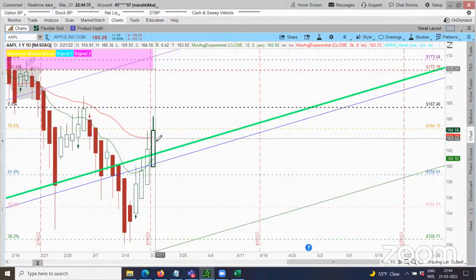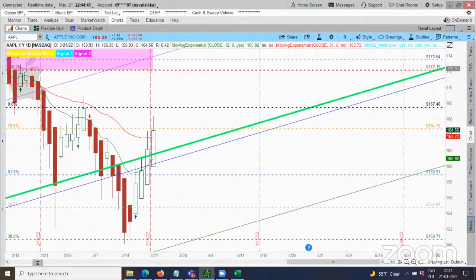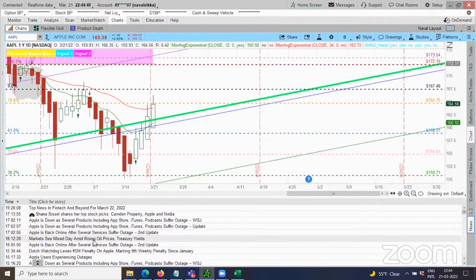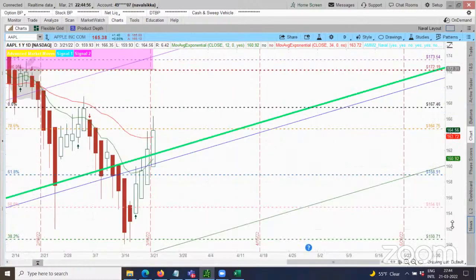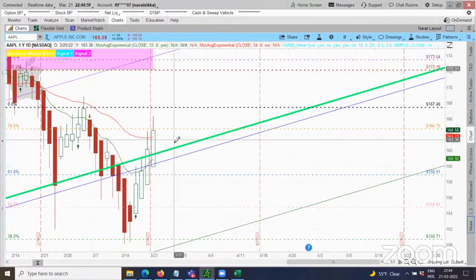So I will not say negative about Apple as of now, but I saw some articles after hours that they are struggling with some kind of, let me open it here, service outages. There were service outages regarding Apple, but that's about it. Whether it's going to be a very big impact, no.